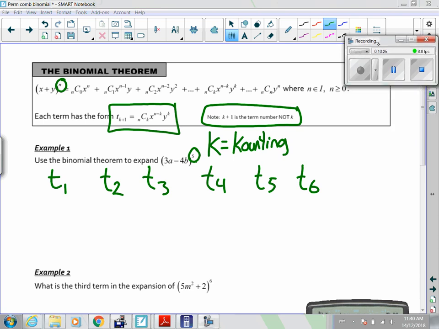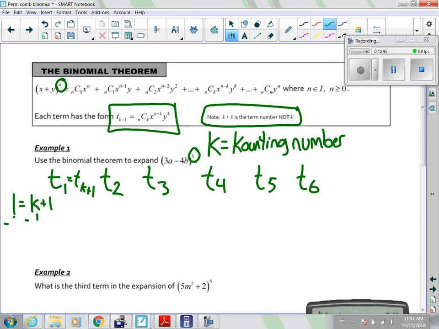So the k value is just a counting number. It just goes up by 1 each time, and it helps to make sure that our exponents are correct. So, if T1 equals T k plus 1, now I get another equation. 1 equals k plus 1. Subtract 1 from both sides, and I get k equals 0.